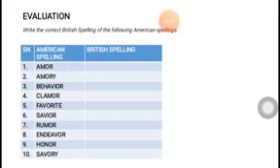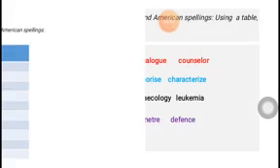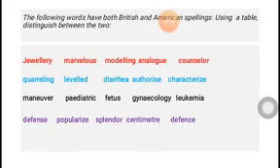Okay. I have another one for you. In this case, you will form a table like the previous one and insert the words there. Here you have the words. So what you do is, in a table, in a tabular form, indicate American spellings on one side and British spellings on the other side.